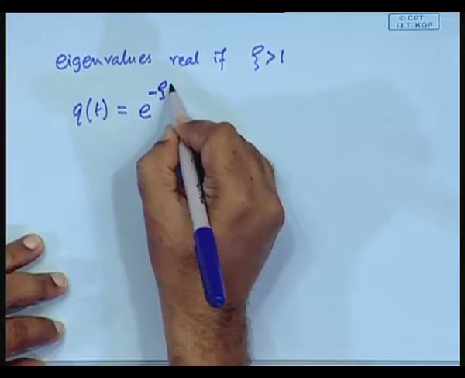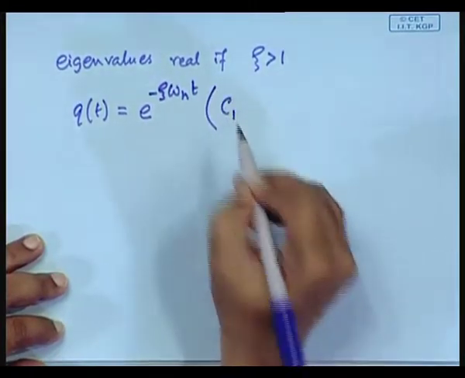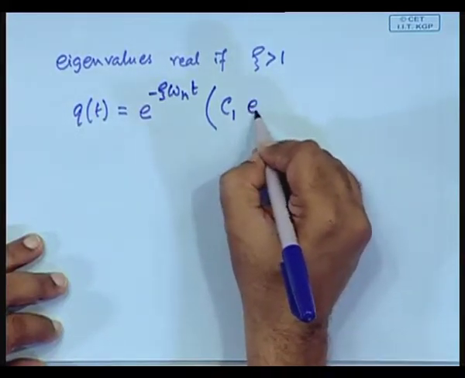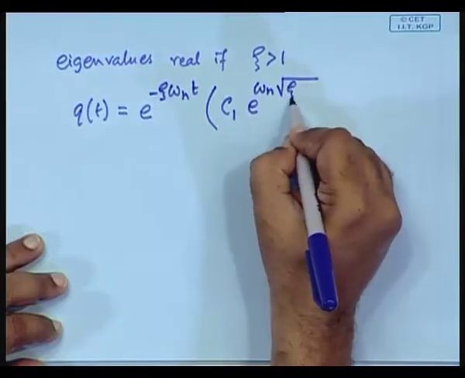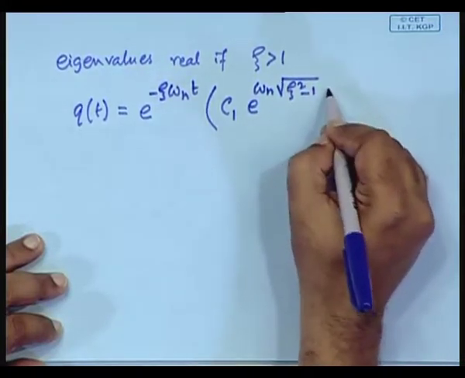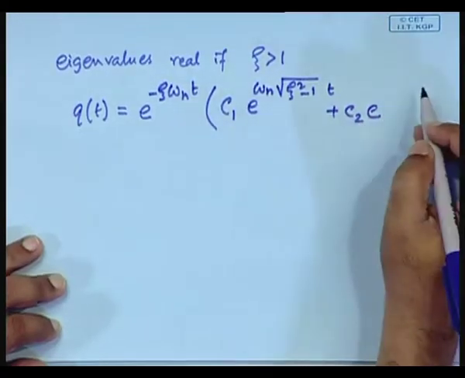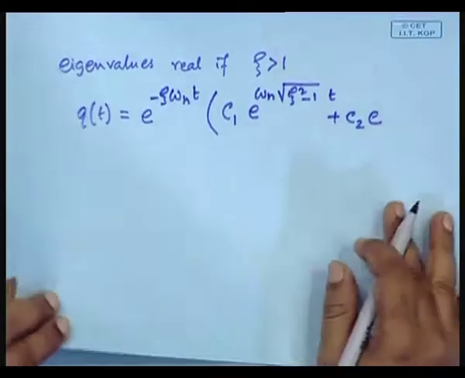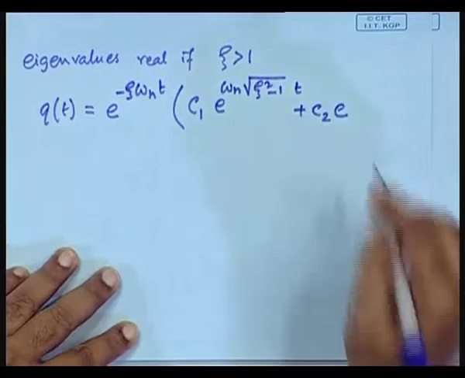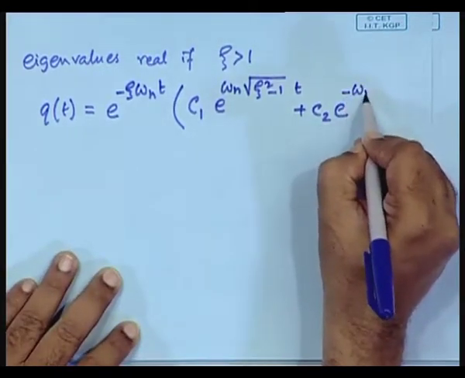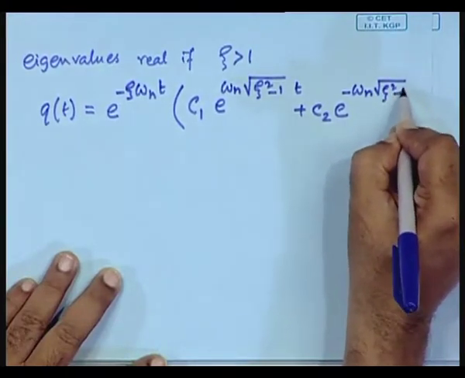Minus zeta omega n t, C1 e to the power omega n root over zeta square minus 1 t plus C2 e to the power minus omega n root over zeta square minus 1 t.